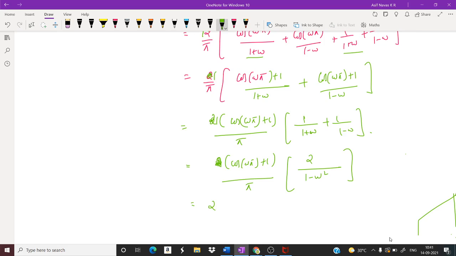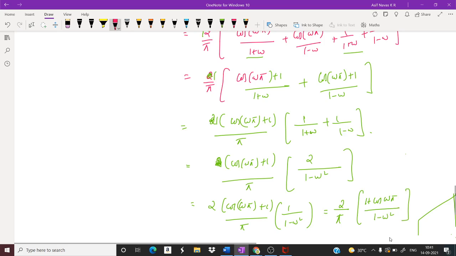So that is 2 times cos omega pi plus 1 divided by pi into 1 by 1 minus omega square. Okay, so this can be written as 2 by pi into 1 plus cos omega pi divided by 1 minus omega square.